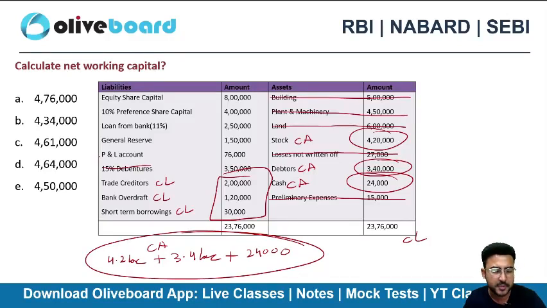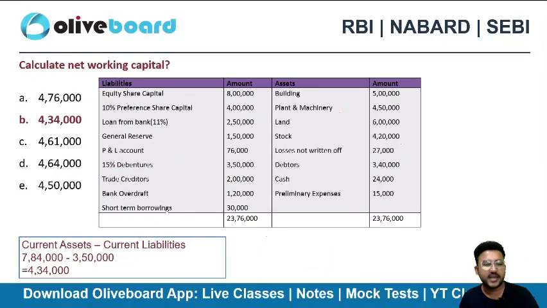P&L account, it's a part of my equity shareholders funds. General reserve, same as P&L. Loan from bank, non-current liability. Preference is my capital, equity is my capital. So straight shot, 7,84,000, which is the total of all the current assets, minus 3,50,000, which is the total of all the current liabilities. So 4,34,000 is my net working capital here, right?